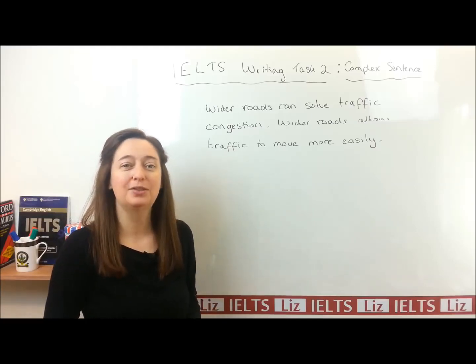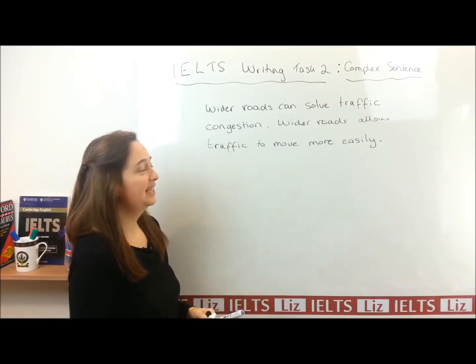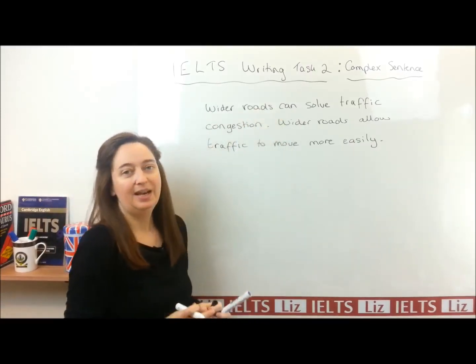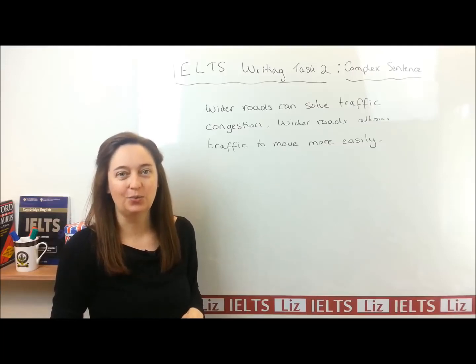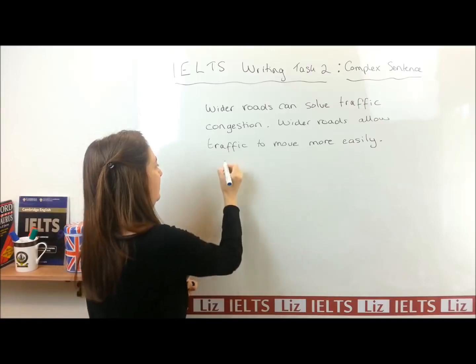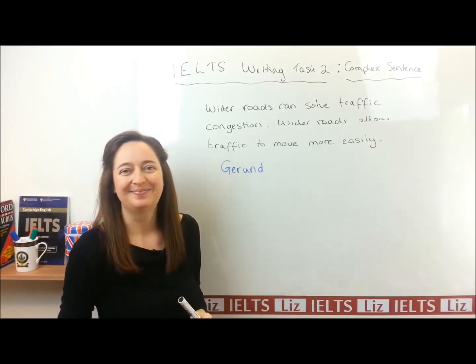Right, let's make 3 changes and make a complex sentence. The first thing we're going to do is change this beginning. Now, it's very good in IELTS to start a sentence with a gerund. Let me put that here. Do you know what a gerund is?